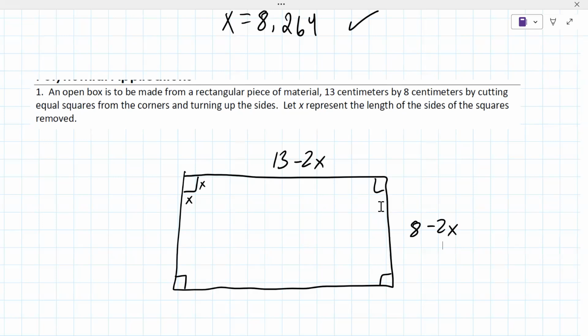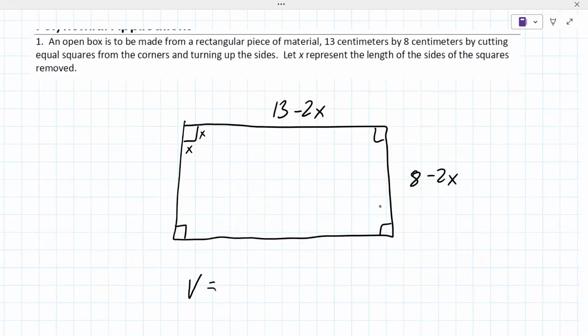Yeah, 13 minus 2x and 8 minus 2x. And so the volume is these dimensions times x. Yep, that's what I have.